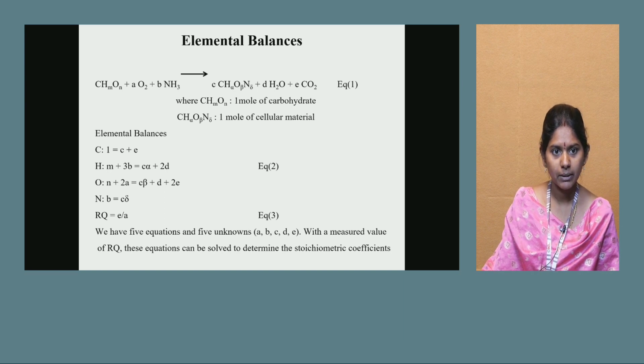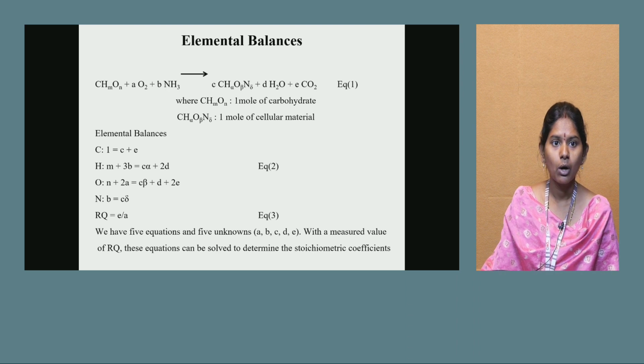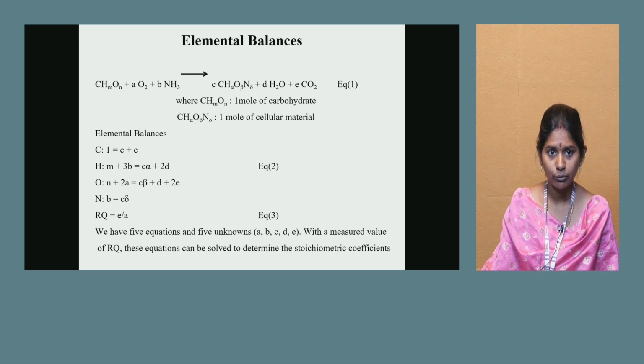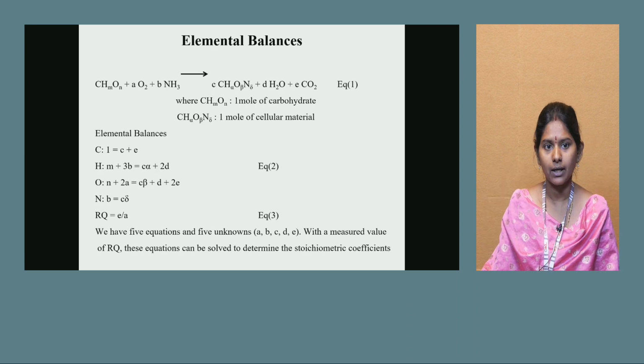If we consider the elemental balance here, the number of carbon atoms, which is 1 in the reactant, equals the number of carbon atoms present in the products, that is, in the end product of the carbon source as well as in the carbon dioxide.